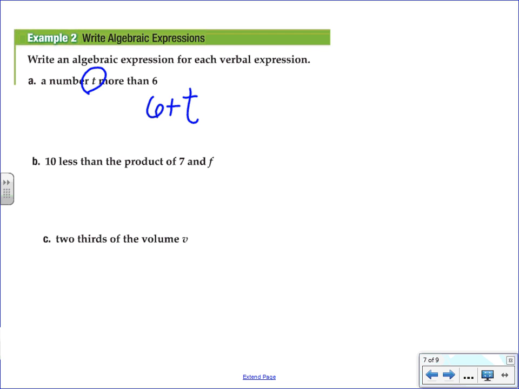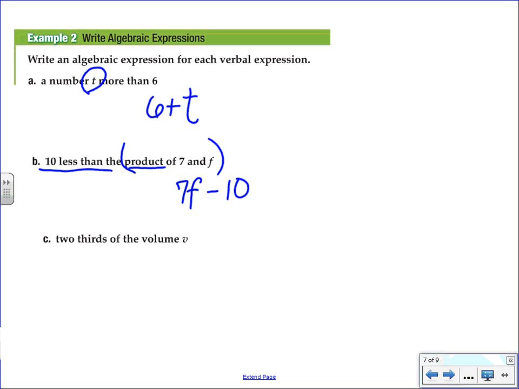How about 10 less than the product of 7 and f? Well, the product of a number we know is multiplied. And so how do we write the product of 7 and f? 7f, right? And we have a number that's 10 less than that. So it's 10 less than this product. That means minus 10. This is always the tricky one.